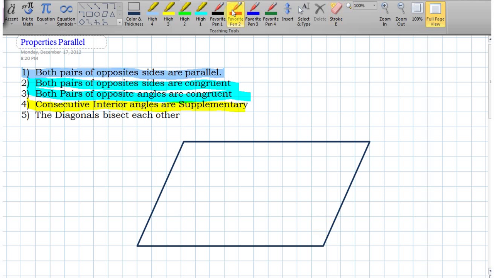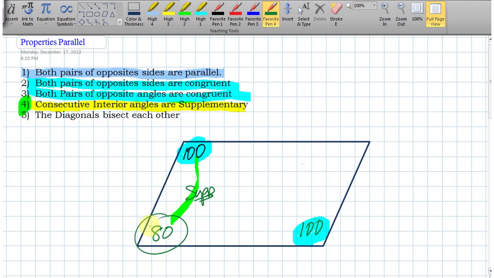That means they're supplementary. So if I make up a number here, and that's 100, property number 3 tells me that this angle has to be 100 because its opposite angles are congruent. But property 4 tells us the same side interior angles have to be supplementary. So notice these two angles are supplementary.